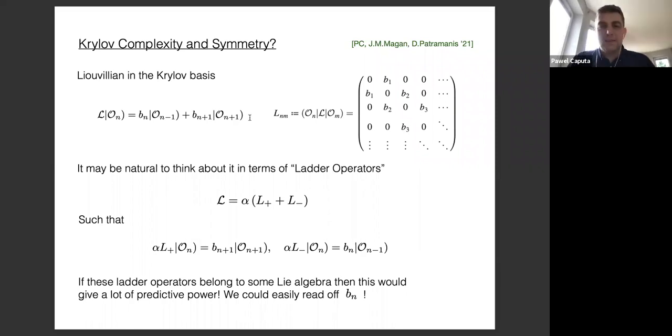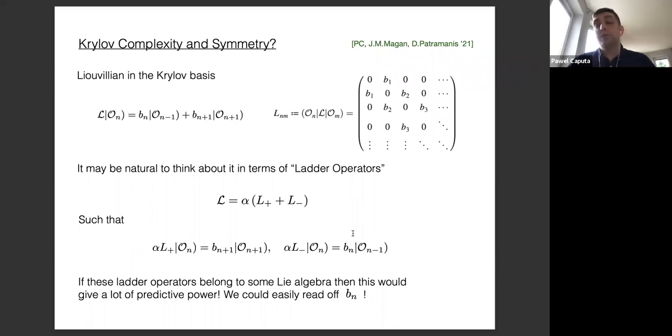So maybe a natural question to ask, or a simple approach to this problem, is that we could define this Liouvillean operator, or its representation in the Krylov basis, in terms of certain ladder operators. If you think about the Liouvillean as some alpha times a raising operator plus a lowering operator, such that when the raising operator acts on some vector O_n it gives me b_{n+1} times O_{n+1}, and the lowering operator gives me b_n times O_{n-1}.